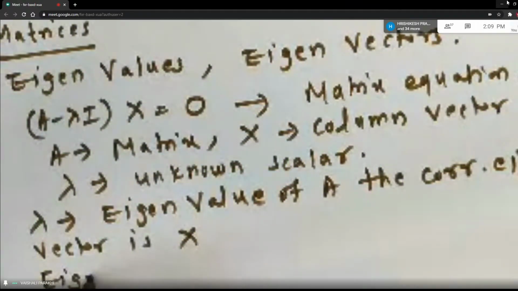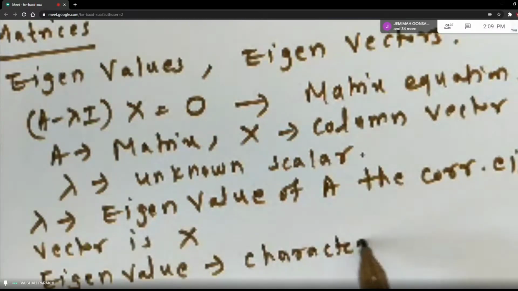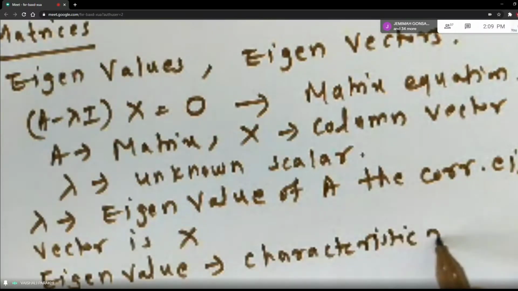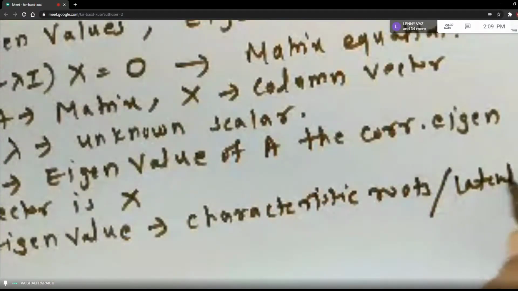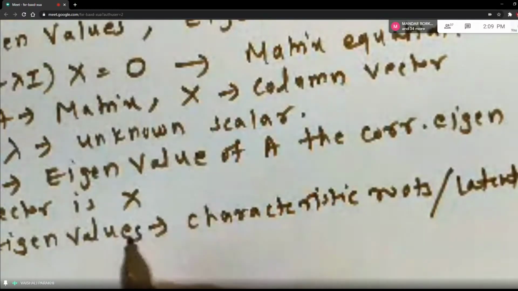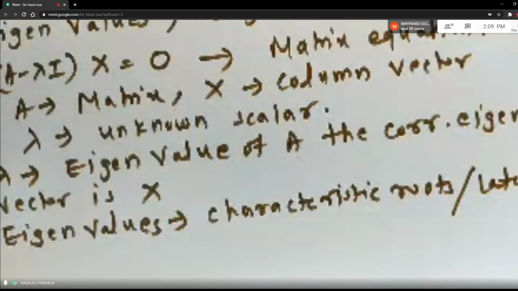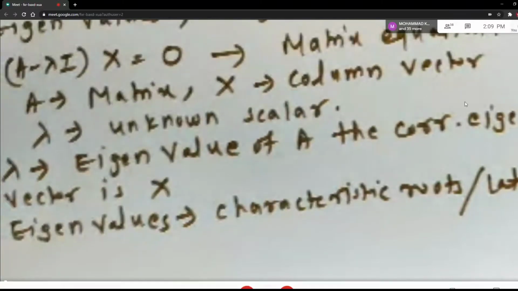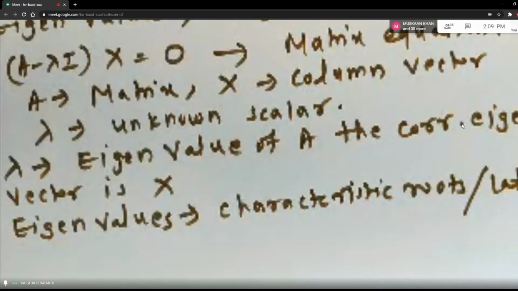Eigenvalues are also called characteristic roots, and also called latent roots. Eigenvalues are called characteristic roots or latent roots. Basically, I have told you where eigenvalue and eigenvector exist in the matrix equation.